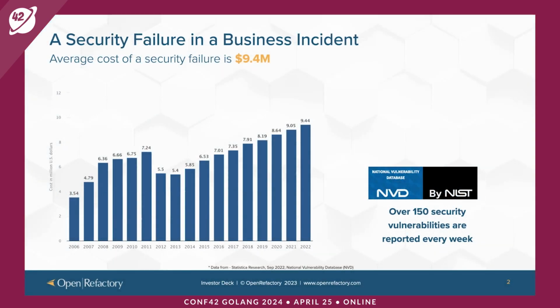We are all aware of the challenges of keeping applications secure. The average cost of a security failure now is about $10 million. Yet, over 150 security vulnerabilities are reported every week in the National Vulnerability Database.